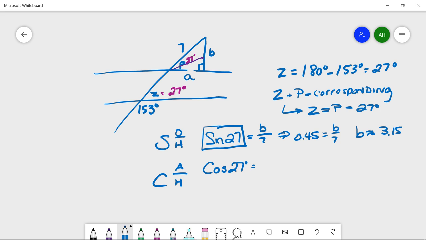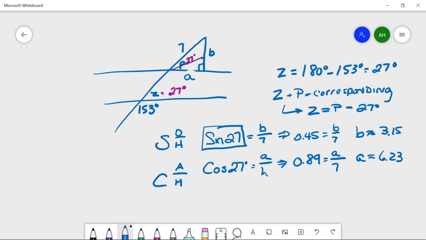Okay, so this right here is going to be the adjacent over the hypotenuse. All right, when I key in the cosine of 27, I find that that is 0.89 is equal to A over the hypotenuse, which is 7. When I multiply both sides by 7, I'm going to get that A is going to be approximately 6.23. All right.